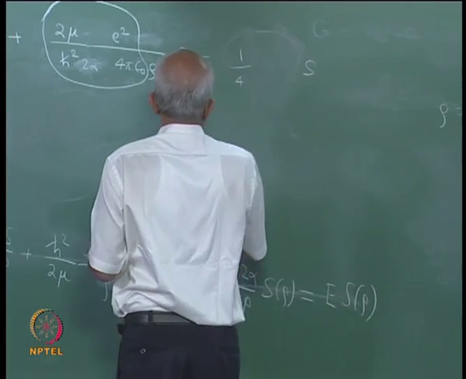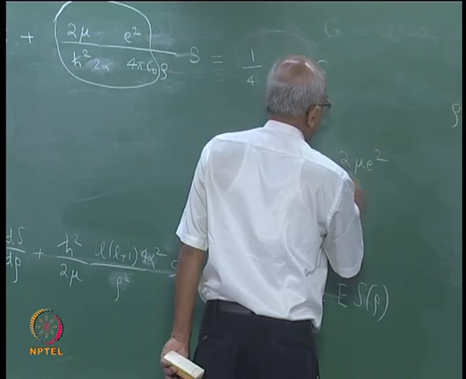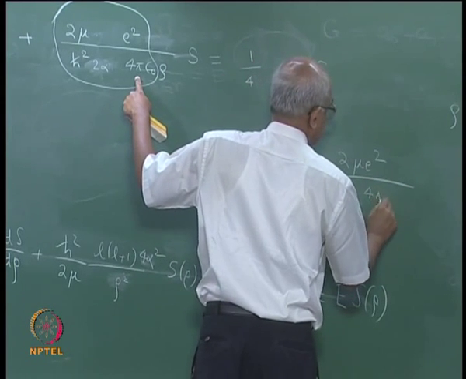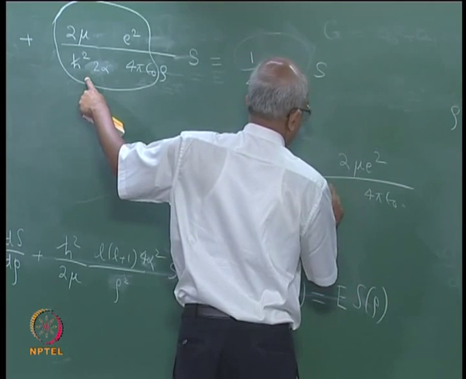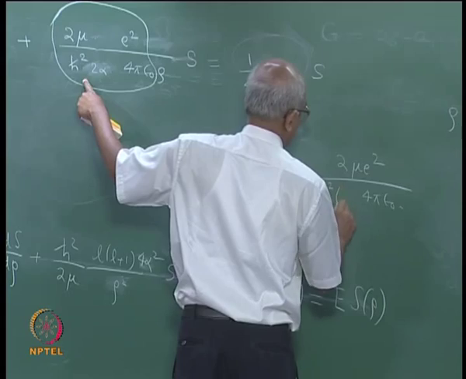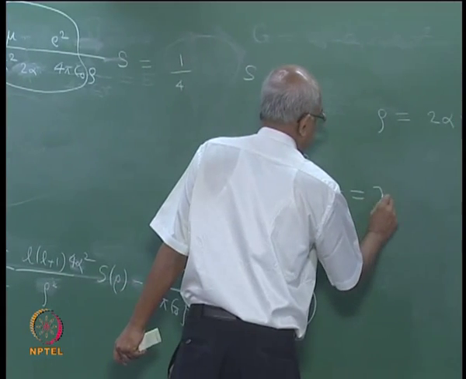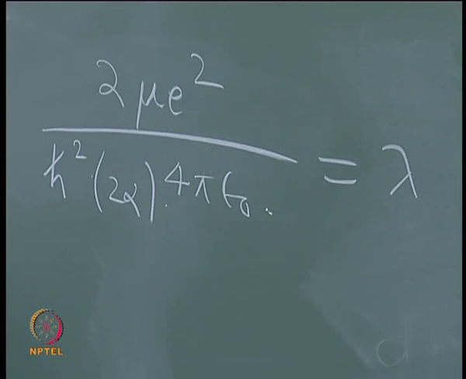So, what I will do is I will define this 2 mu E square divided by 4 pi epsilon 0 into h cross square into 2 alpha. Let me just denote it by the symbol lambda, because I do not want to be writing this again and again.